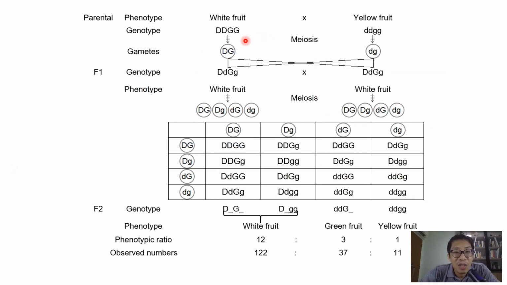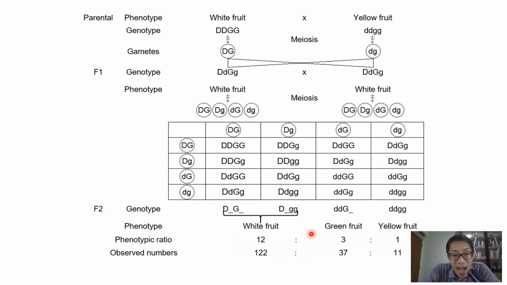Again, you have the observed numbers given, so I go backward, because the clue given is kind of backward. You are given the observed numbers, which is similar to the ratio 12:3:1.